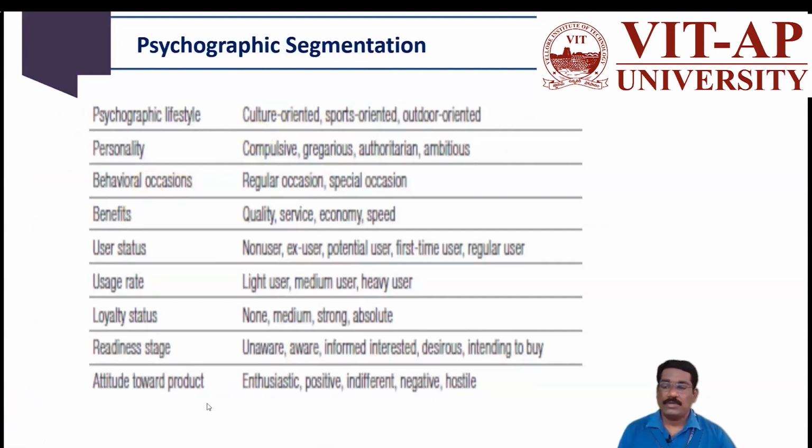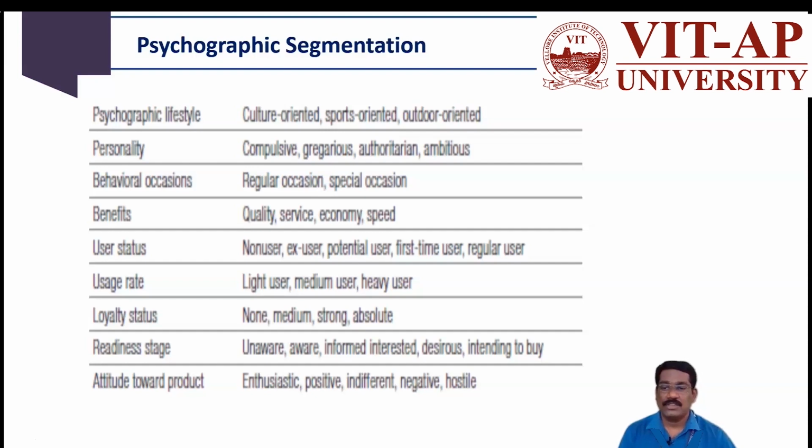The next one is user status: non-user, ex-user, potential user, first-time user, and regular user. Based on the usage level, consumers have been segmented, and also by usage rate. Earlier they talked about user status, and now they talk about usage rate: a light user, medium user, and heavy user, and especially smoking persons will be categorized under this usage rate.